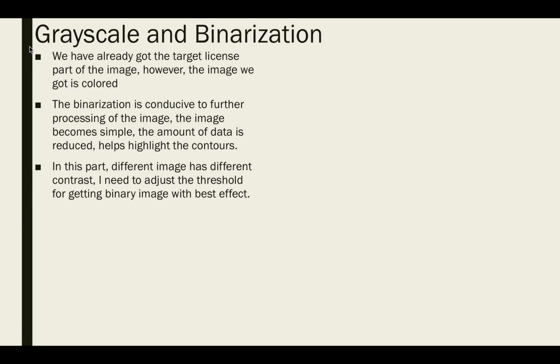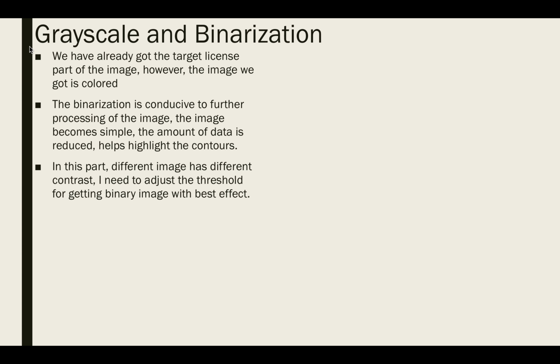Use the grayscale function in MATLAB, and we need to do the binarization. The binarization is conducive to further processing of the image. The image becomes simple, the amount of data is reduced, and it helps highlight the contours.